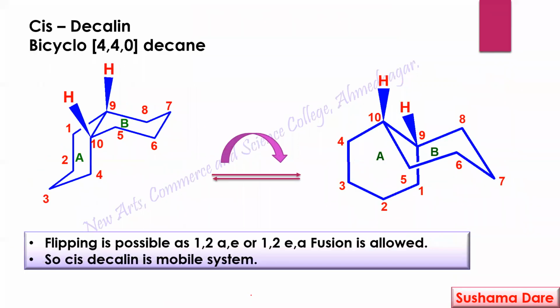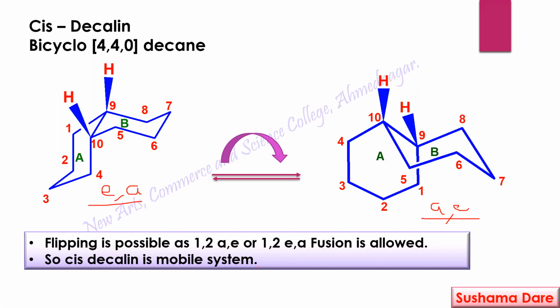Now cis-decalin. In cis-decalin, flipping is allowed, and due to flipping, this one is an equatorial-axial structure, but here this is an axial-equatorial structure. So both conformers exist, the EA conformer and the AE conformer.